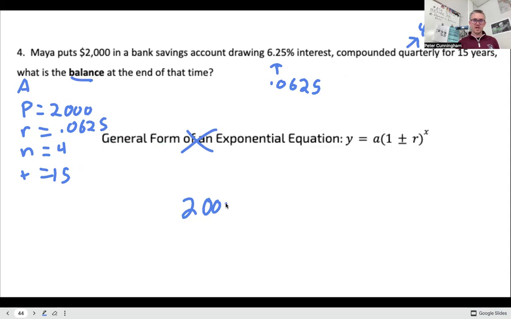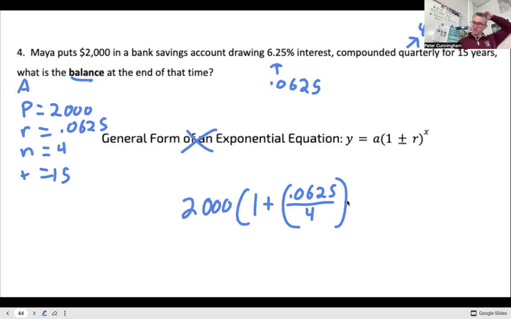So we had $2,000. We're adding 1 plus 0.0625 over 4. Keep those in parentheses. Close the second set of parentheses, and you're going to have 4 times 15, which is 60. So again, we're going to the power of 60.